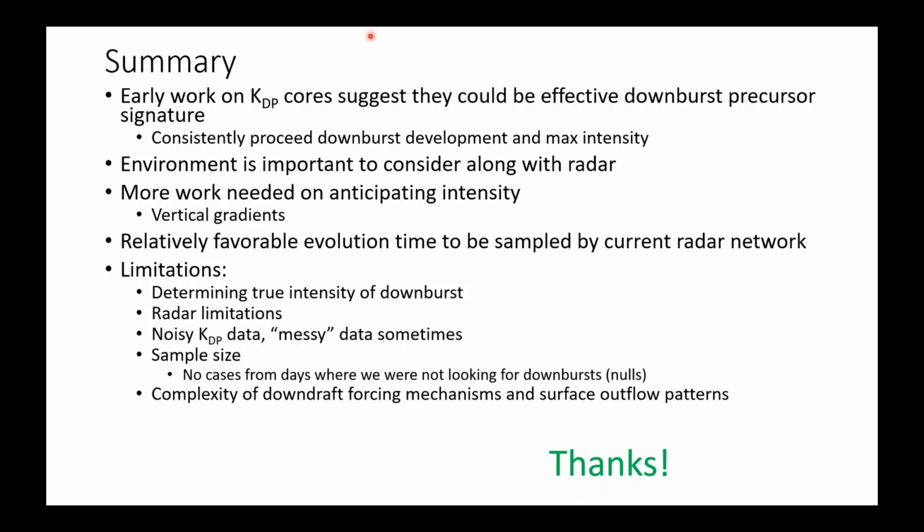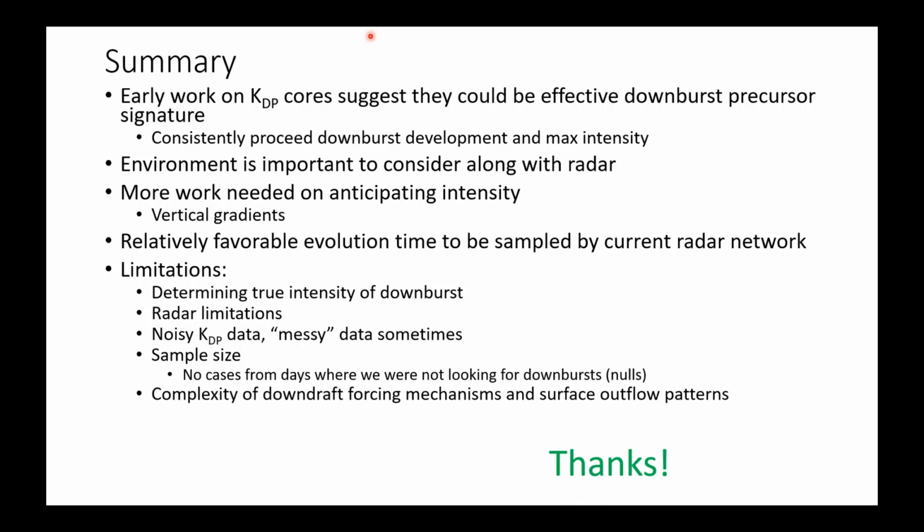Now, some of the limitations we did encounter was what is the true intensity of a downburst. So we're all familiar with the limitations in storm data. We're all familiar with radar limitations about how exactly is the base velocity an exact representation of how strong a given downburst actually is.